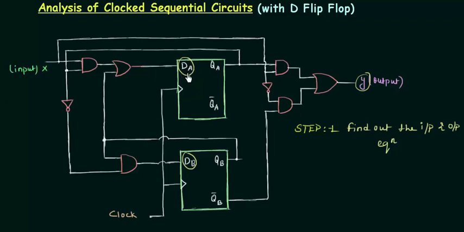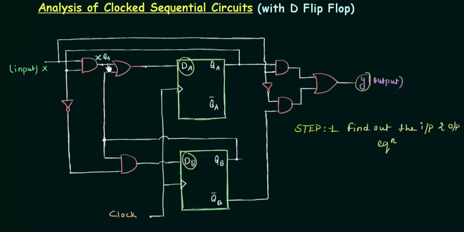Let's find out the expression for dA, and it is the output of this OR gate. Now you can see the input X is one of the inputs to this AND gate, and the other input is QA. QA is given here as the other input. So here the output of this AND gate is XQA.